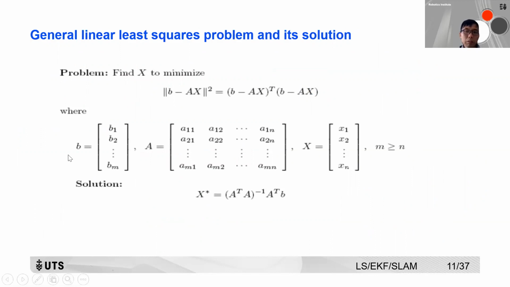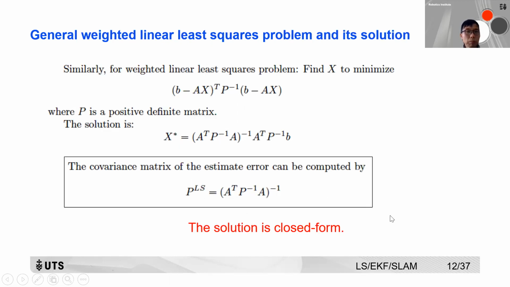Here X is the variable, X1 to Xn, and B, you can regard as measurements. And A is a matrix. So you can see here we require M greater or equal to N. Normally M is bigger than N, but at least it has to be equal to N. And we have this solution given in this formula.